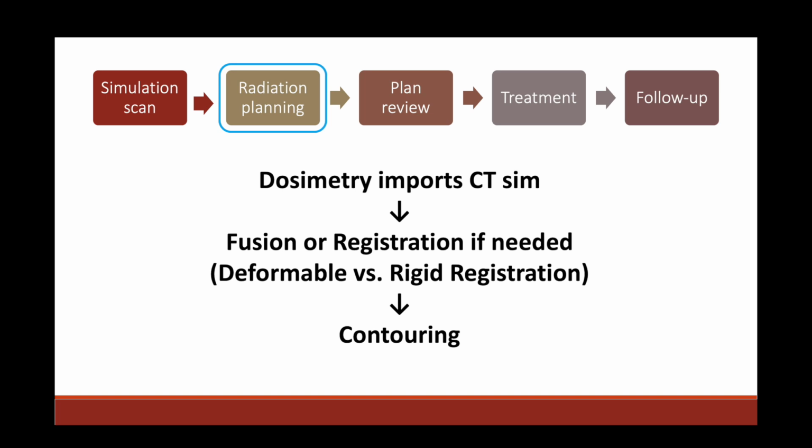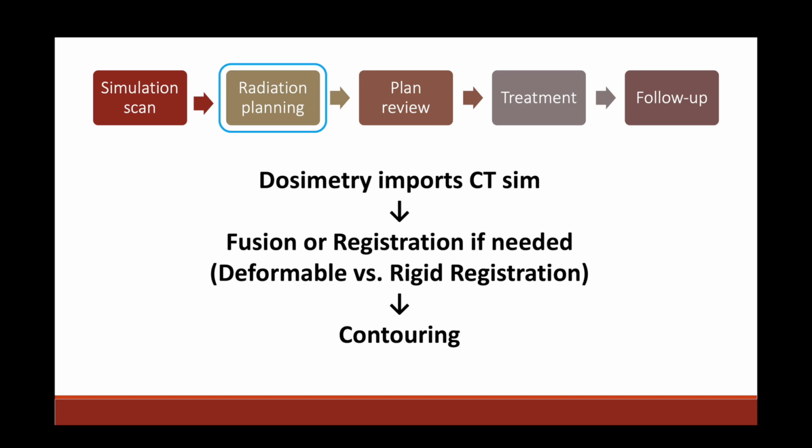Our CT simulations actually have a flat table because our treatment machines have a flat table. And so these are subtle differences that can make it difficult to overlay different diagnostic images to our CT simulation images. So there's different types of registrations that our dosimetrists can do to help us align these images.